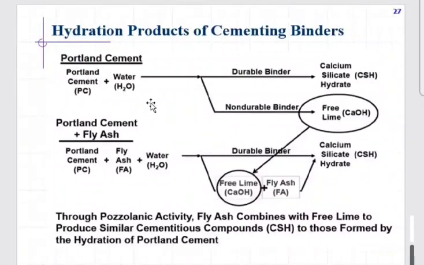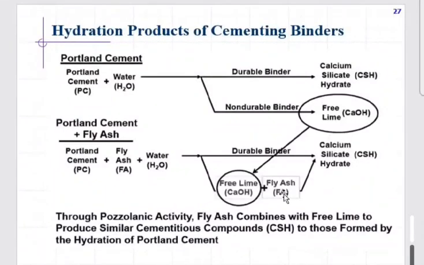Now, if we see over here, the free lime will react with the fly ash. There is free lime, which I told you is the unstable part within the cement. It will react with the fly ash, which is actually amorphous silica, and it will make calcium silicate hydrate, which is stable.